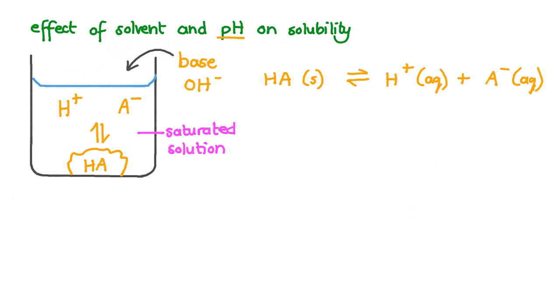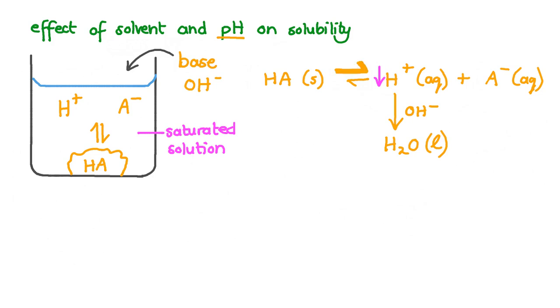Conversely, if the pH was changed by adding base to the system, in other words, adding OH- ions or hydroxide ions, some of the hydroxide ions would react with some of the H+ ions in solution, forming water, decreasing the amount of H+ ions in solution, in other words, removing them from solution. Though there is a decrease in H+ ions in solution, there would not be a decrease in A- ions in solution.